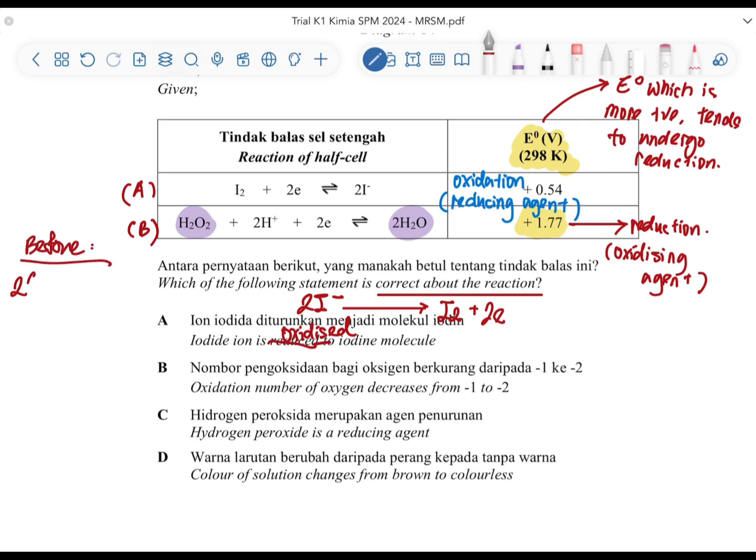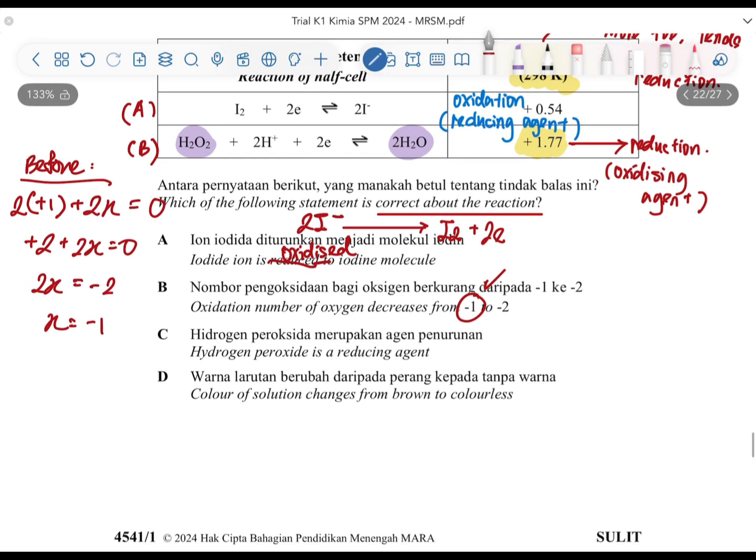So before we have 2 positive 1 because the charge carried by the hydrogen ion is +1, and then we need to +2 because we have the 2 oxygen atoms, and the oxidation number for oxygen, we let it be X, which is what we're going to find, so equals to 0. So we have positive 2 plus 2X equals to 0, and then we move it aside. Just solve for the X, so X will be -1. So okay, it decreases from -1.